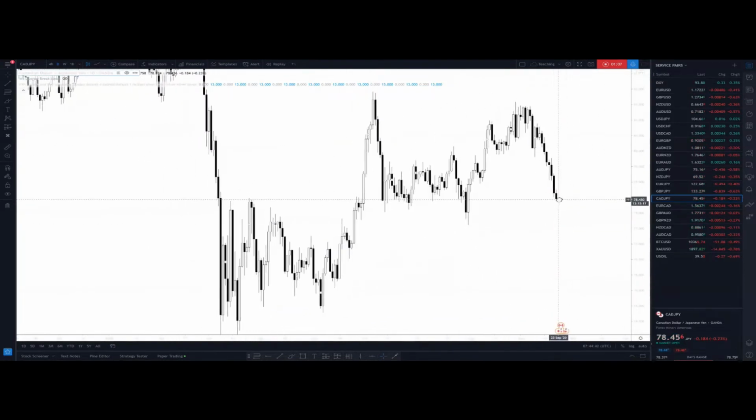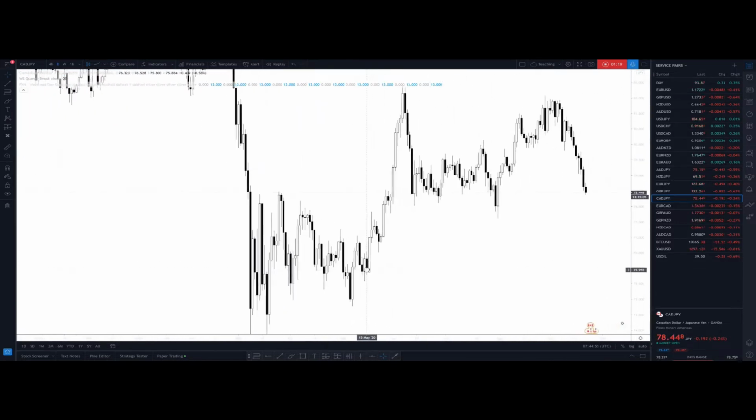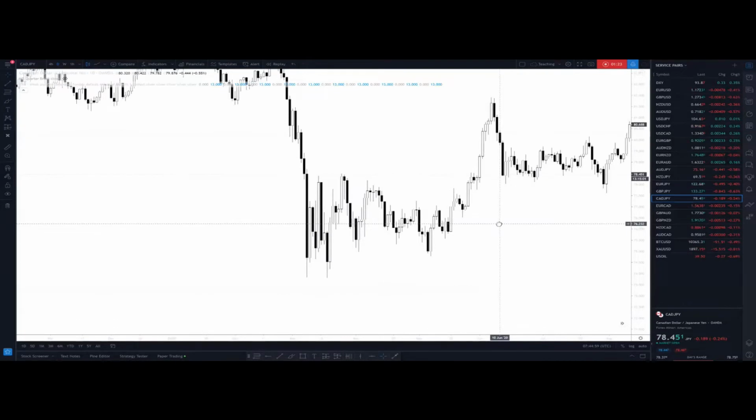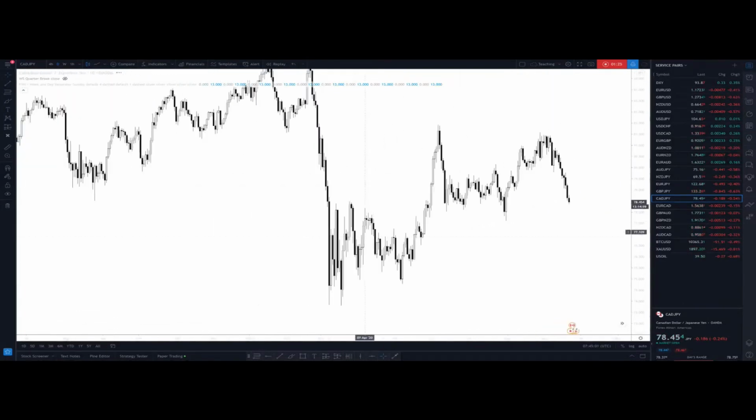So when you see this chart right now, you might be wondering, well, I don't know what to do with it because you can see that there's price moving up and down, and it looks like chaos. One of the things you need to understand is price is never going to be textbook.